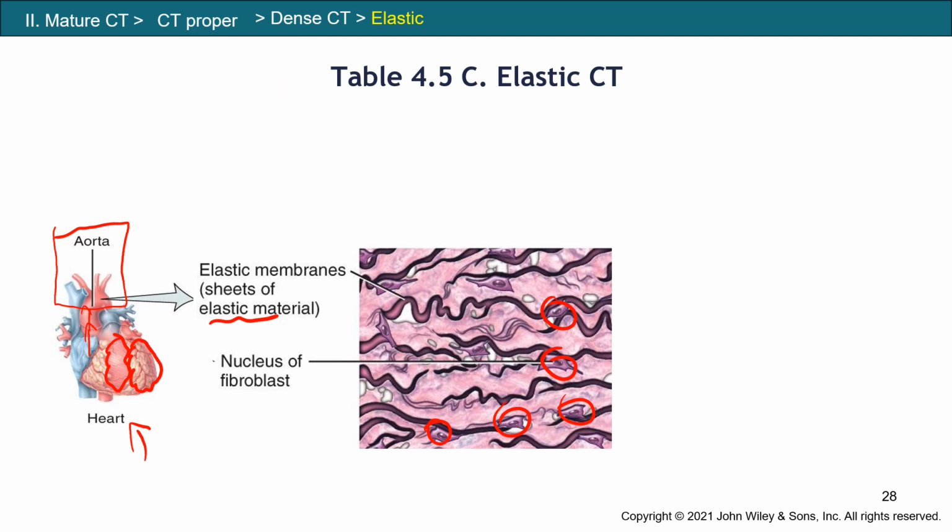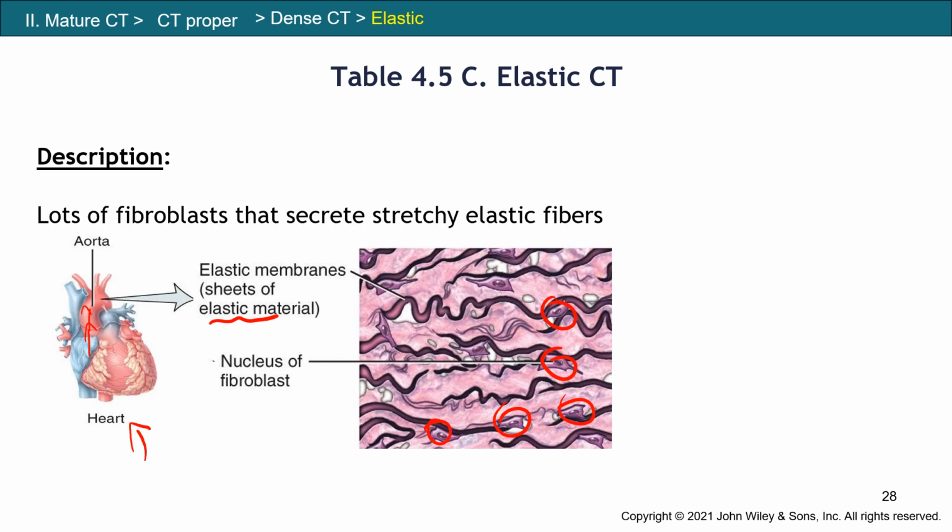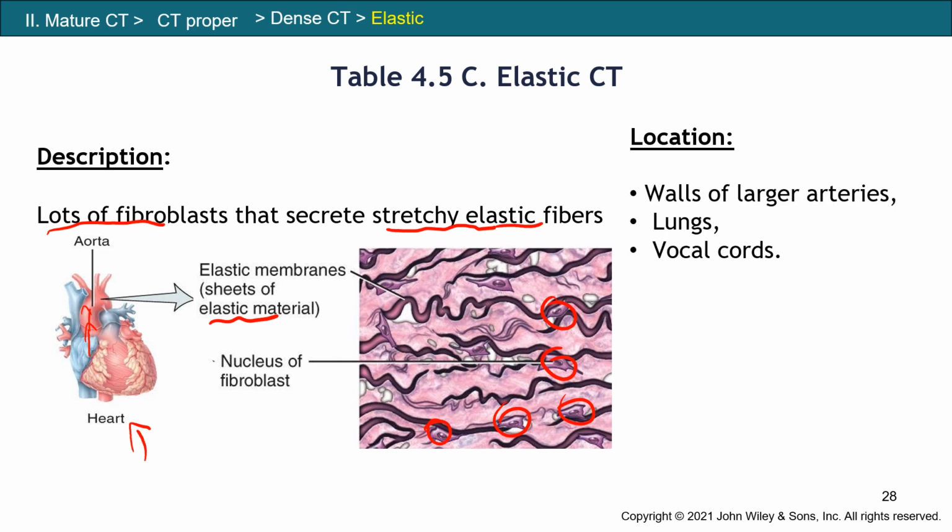And now, to summarize, we are going to have lots of fibroblasts, and in this case they're going to secrete a different type of fiber, elastic fibers. And the location of those fibers will be first in walls of large arteries, as I showed you with the heart, but also lungs and vocal cords.